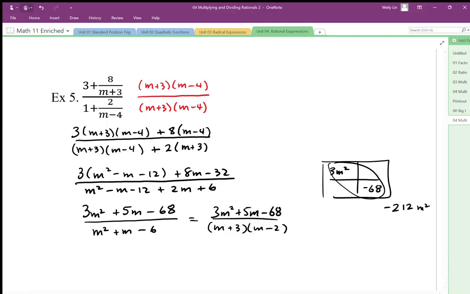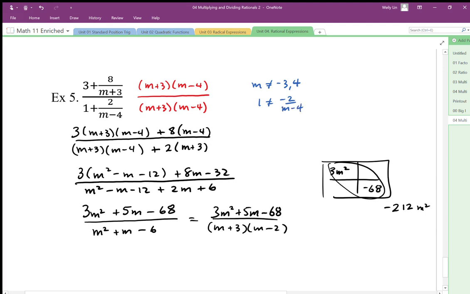Okay, I did forget to state my restrictions, but my restrictions here: m cannot equal negative 3 or positive 4, and we should say that 1 is not equal to negative 2 over m minus 4.